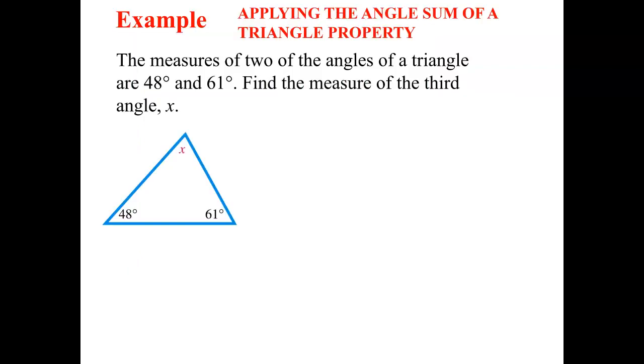Okay, so if I know 2 of the measures of the angles, to find the third one, what do I do? Add up the 2. Yep, add up the 2 and subtract them from 180. So 180 minus the sum of 48 and 61.